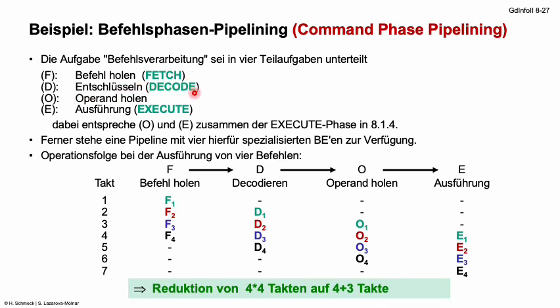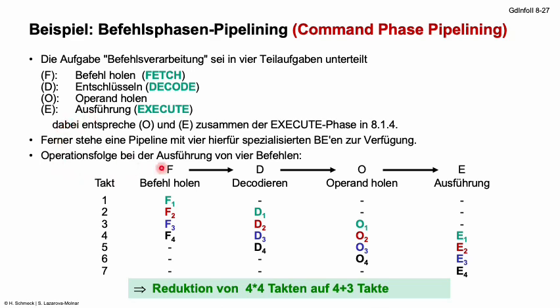Then it's decoding of the instruction. Then we need to fetch the operand, and then we execute. Both O and E, these last 2, usually correspond to the whole execute phase as we learned before, but here it is split into 2 subtasks to make it easier.